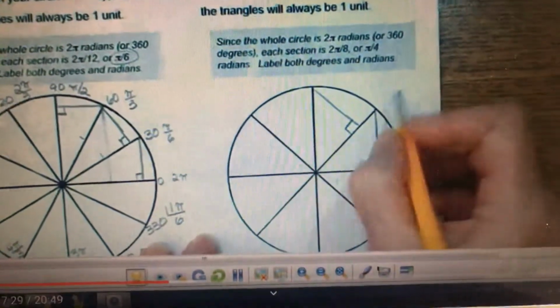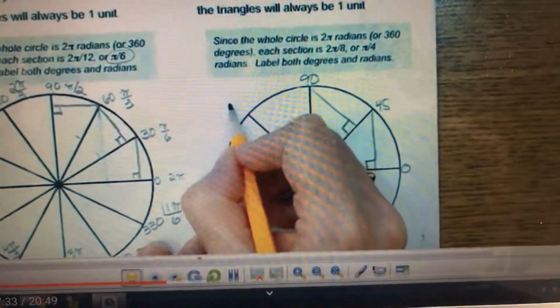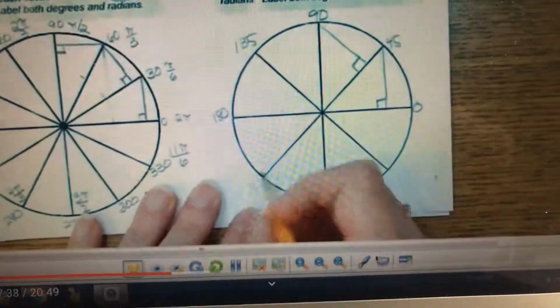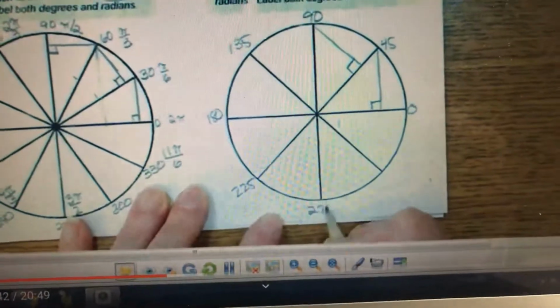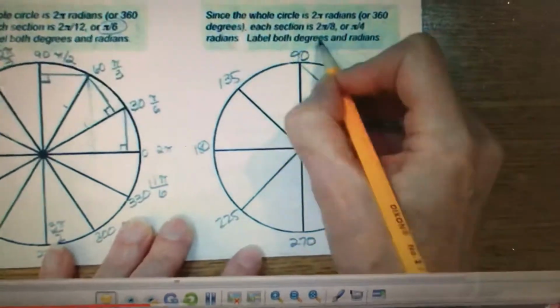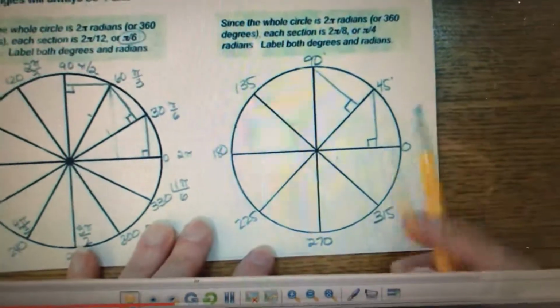Starting at 0. Labeling all of my angles. 225, 270, 315. Then after I label my degrees, I'm going to label my radians.